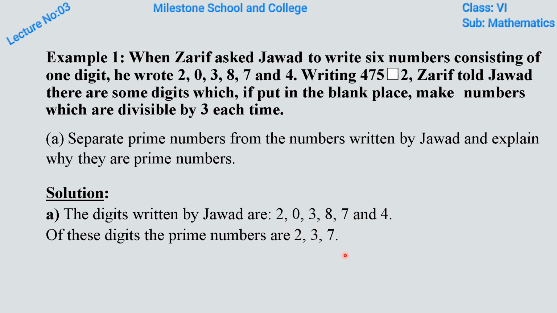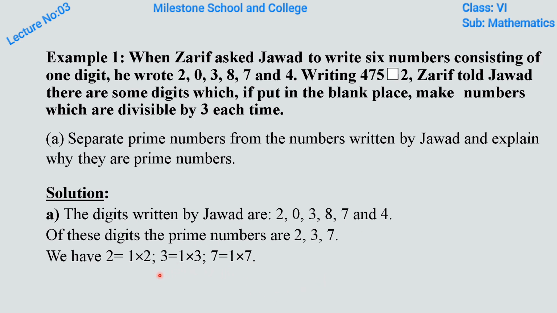Already I have discussed what prime numbers are at the beginning of this video class, and I hope you have already learned how to find the prime numbers. And in here the question is, explain why they are prime numbers. So we have to explain now. As you can see, we have 2 equals 2 multiplied by 1, 3 equals 1 multiplied by 3, 7 equals 1 multiplied by 7.